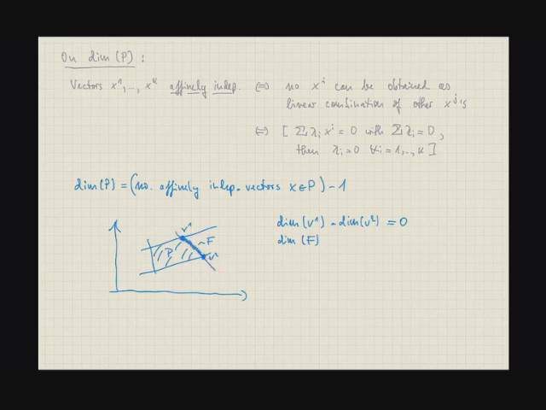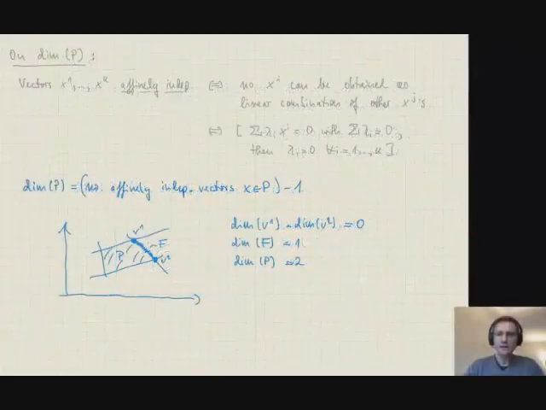So therefore the dimension is what it should be. It's equal to 1. And the dimension finally of the whole polytope, which contains 3 affinely independent points, is equal to 2. So dimension of P is equal to 2. So intuitively, that should be clear.